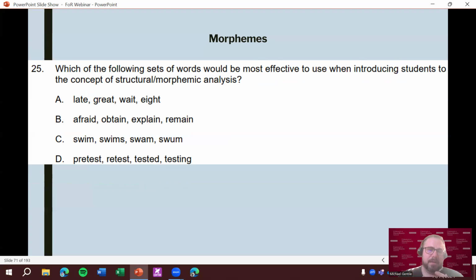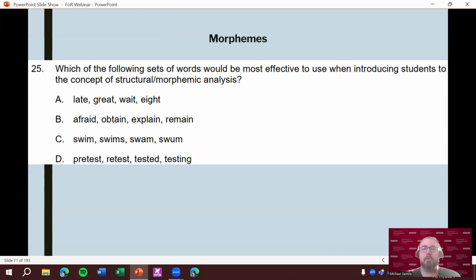So pretest, retest, tested, and testing all contain the free morpheme test. That stands on its own as its own word, so it's a free morpheme. And then we can add prefixes and suffixes to test, such as pre, re, ed, and ing, right? We can make a word matrix out of test, and we can add all the suffixes and have lots of fun doing that.